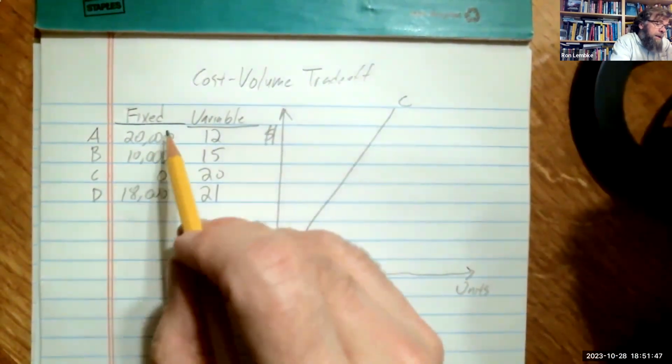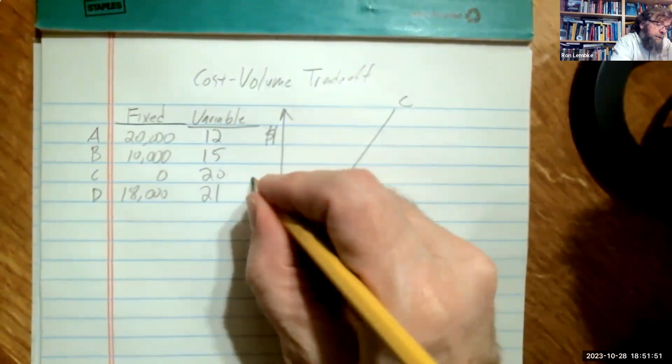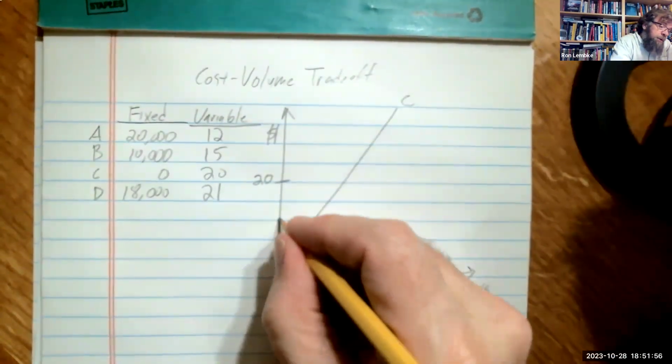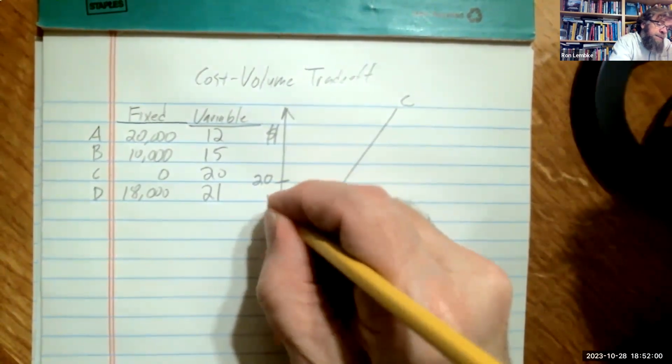Now looking at these fixed costs, the highest one I have is $20,000. So I'm just going to decide that's $20,000. So 1, 2, 3, 4, 5. Okay, so I guess this is 4, 8, 12, $16,000.